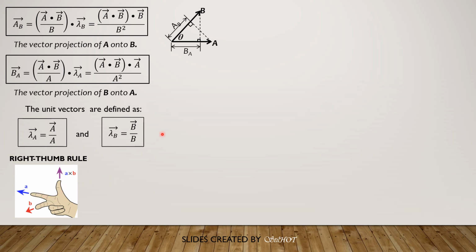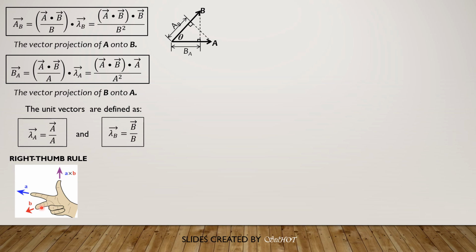So this is the right thumb rule. You curl your index finger A to the long finger, then your right thumb will be pointing in the direction of the result, the product. So it is a vector. It is another vector perpendicular to the plane of A and B. Therefore A cross B is not equal to B cross A, because for A cross B, when you curl your index finger towards the long finger, your right thumb is pointing in the above direction.